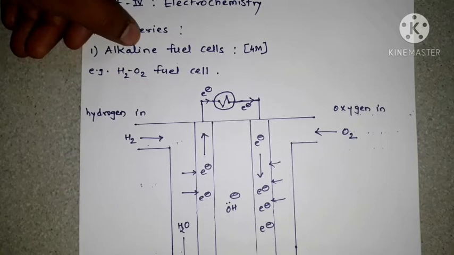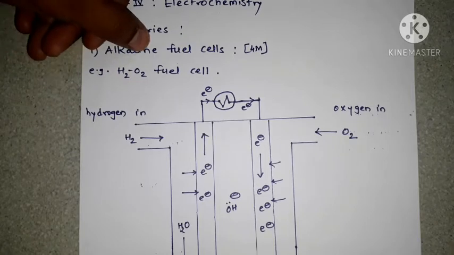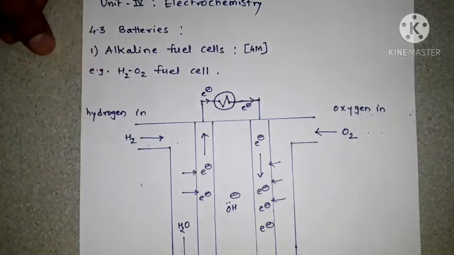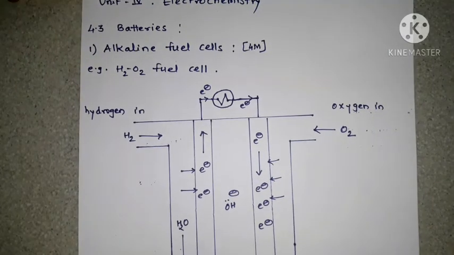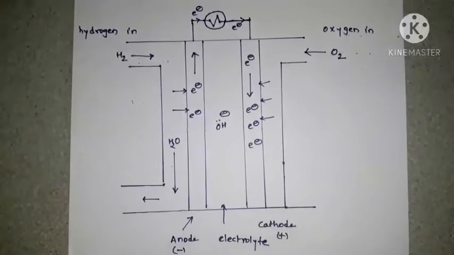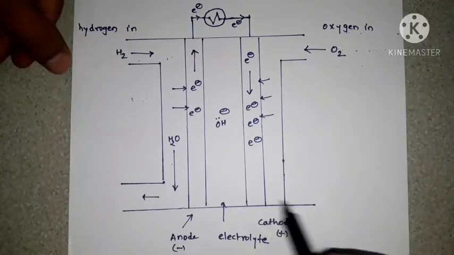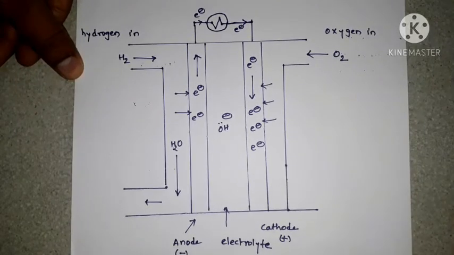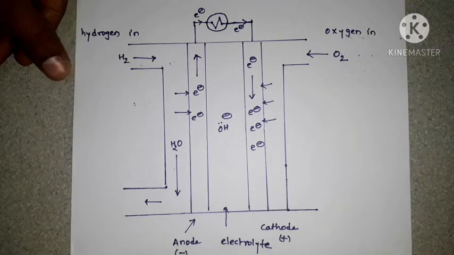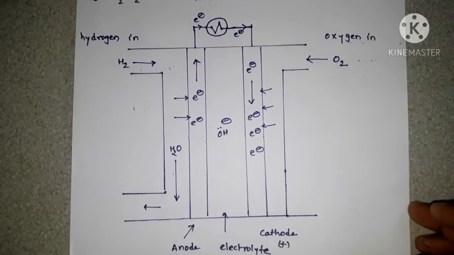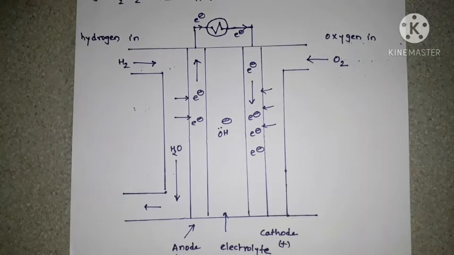The alkaline fuel cell example, that is well known example, hydrogen oxygen fuel cell. In the 4 marks question, we have to write or draw the diagram of hydrogen oxygen fuel cell, then explanation part and cell reaction. So it is for 4 marks question and very important.